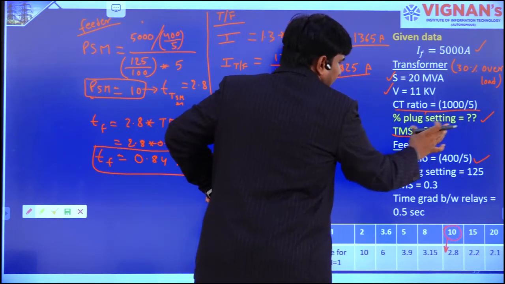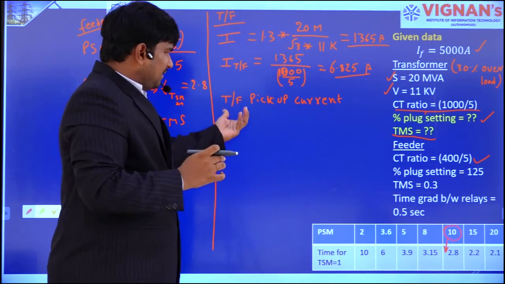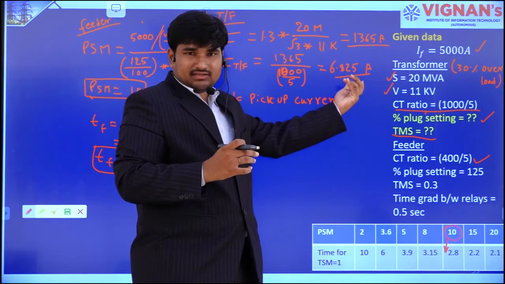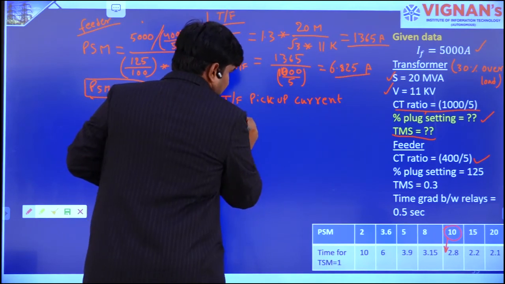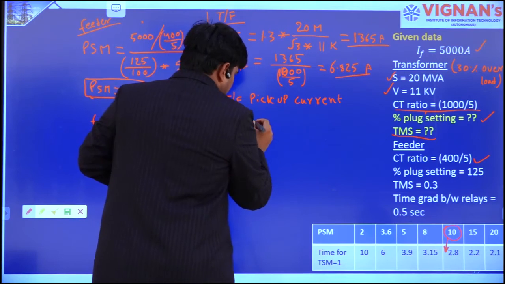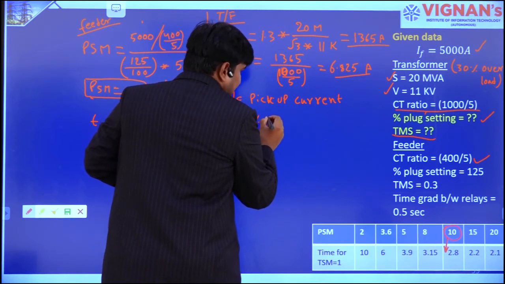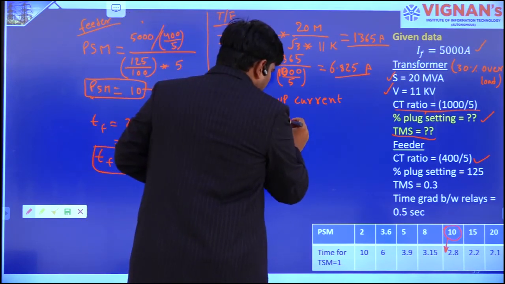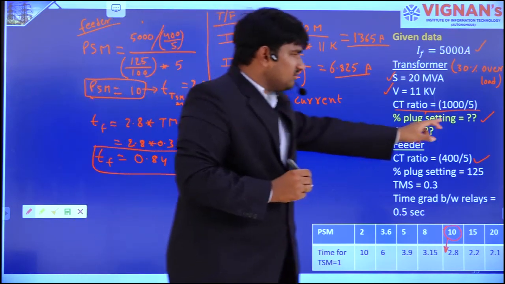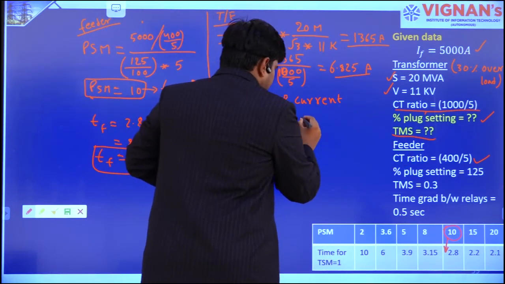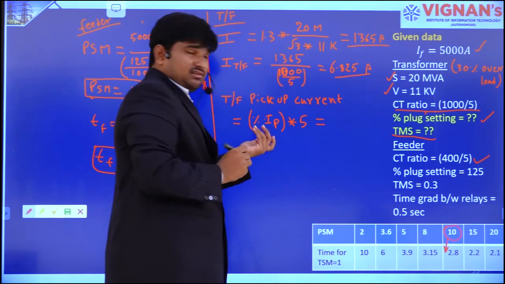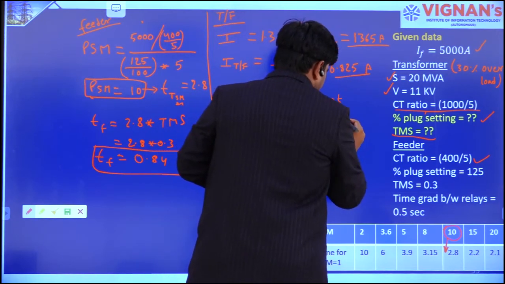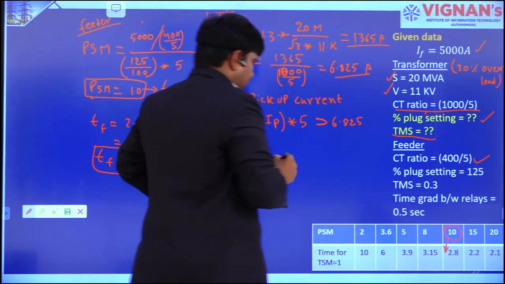For example, I have a plug setting. This pickup current must be greater than this value, right? So the percentage of plug setting, which I can call IP, into the secondary current of the CT, 5 amperes, will be greater than or equal to 6.825.